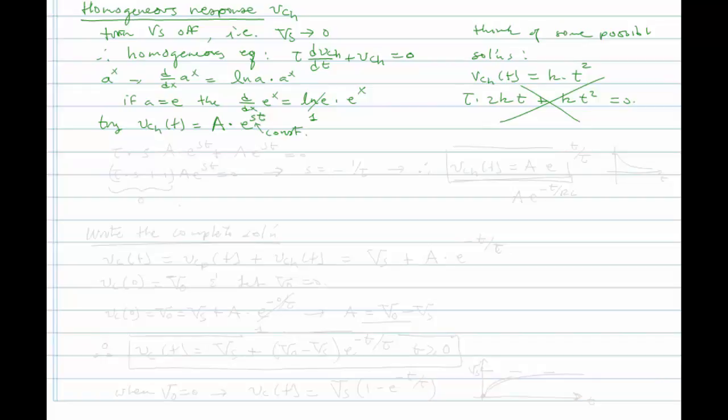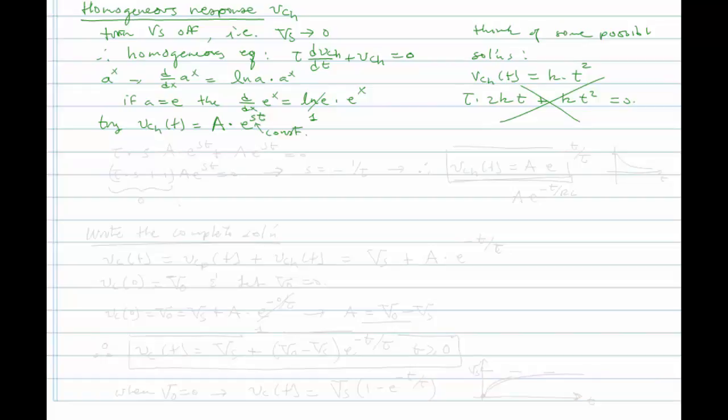The reason I'm putting an s in there is because I'm remembering that we're not solving the equation of the derivative of VC with respect to time plus VC equal to 0. We're solving the case where the derivative is multiplied by tau. So I need a little bit more flexibility in the solution that I'm picking. E to the t would not be sufficient. I need an e to the some constant times t, and that's why I'm going to use s. So let's just see. We'll try it and see if it works.